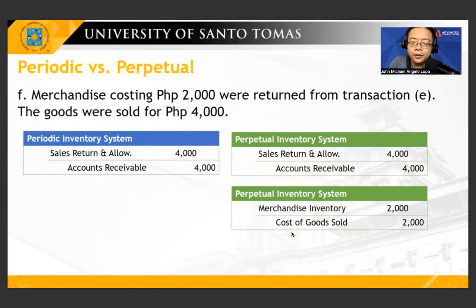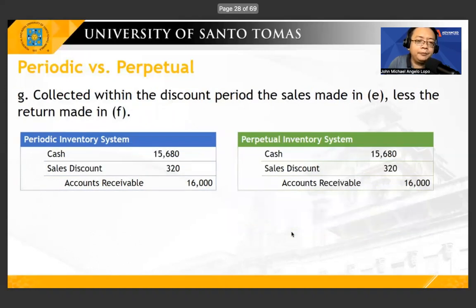Okay. Collected within the cash discount in the sales made. So, of course, if you have AR of 16,000, same lang naman siya, class, ha? Walang problema. Nakaka-difference lang siya in terms of the purchase, no?